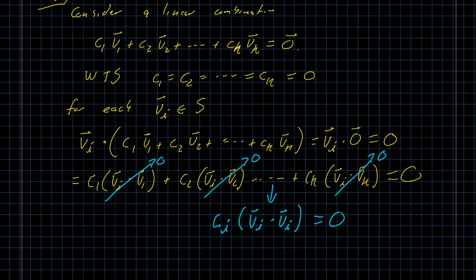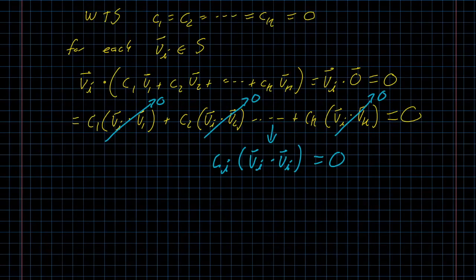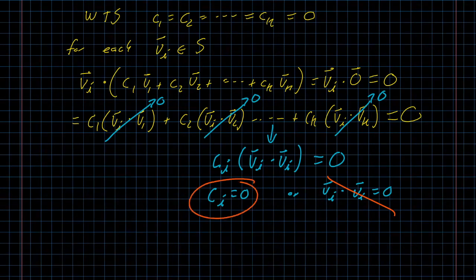And so we get Ci times Vi dot Vi must be equal to 0. And from there, either Ci is equal to 0 or Vi dot Vi is equal to 0. And since I said that the set of vectors are non-zero, it's not possible that Vi dot Vi is 0. That only works for the 0 vector, and I said in my assumptions that the 0 vector is not in this set. So I get that Ci is equal to 0. And I said that this is true for each Vi.